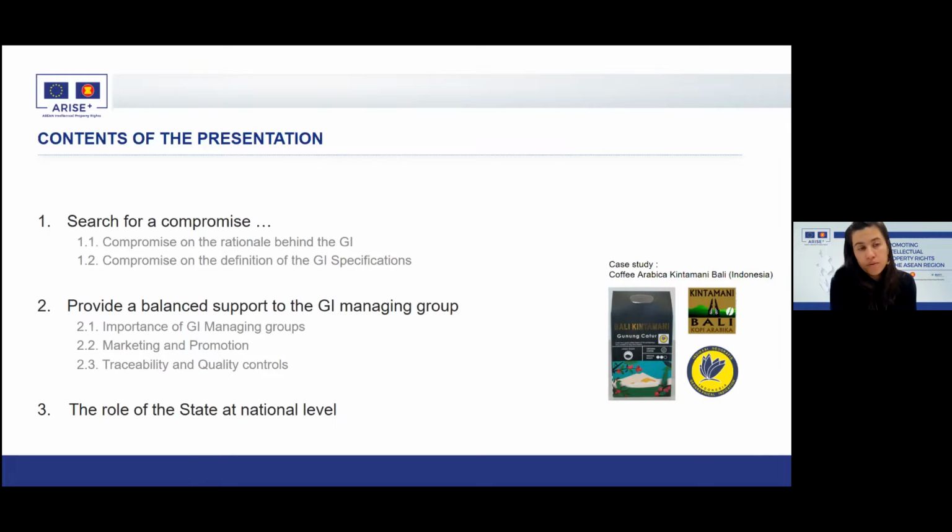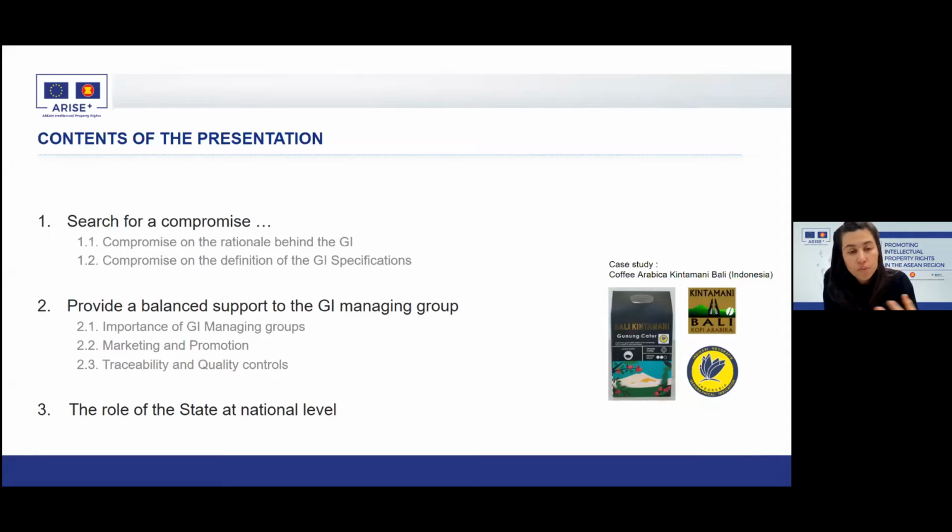The first group of recommendations applies from the very beginning of the GI project, at the elaboration phase, when private and public stakeholders are gathering and meeting to design the application. It consists in always searching for a compromise.